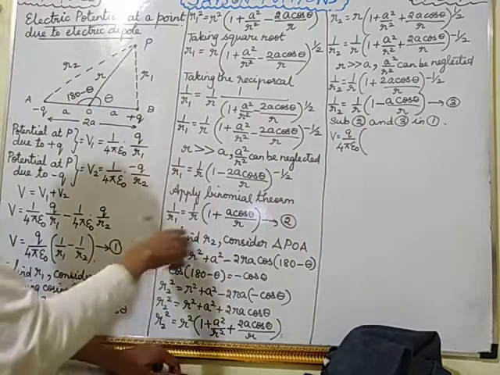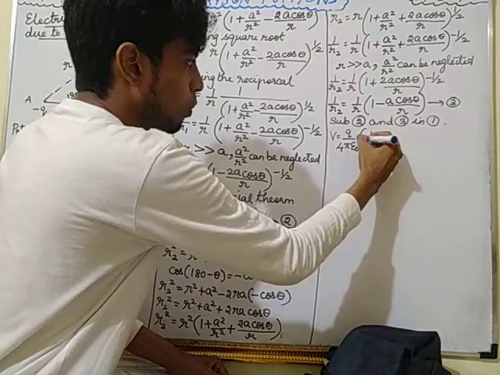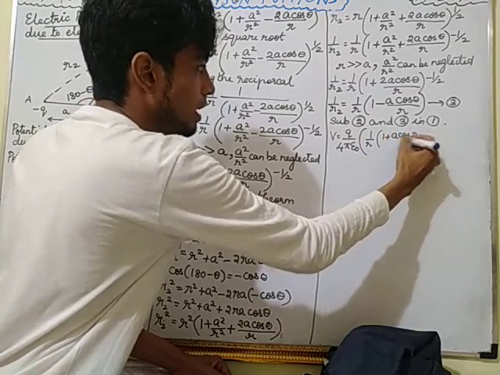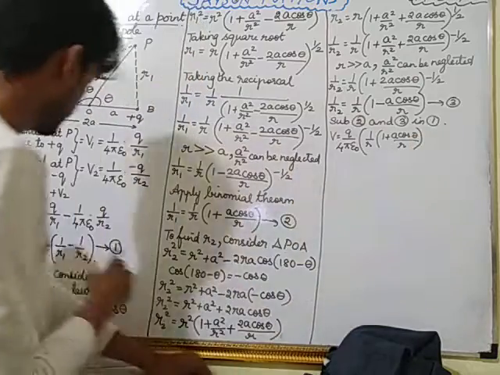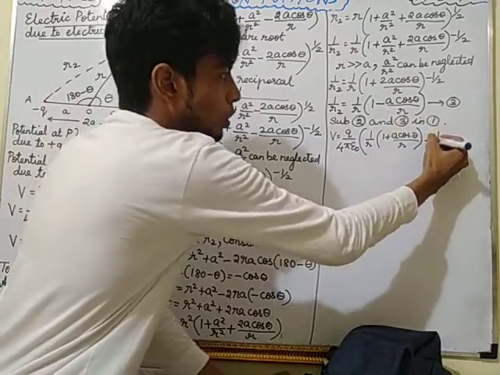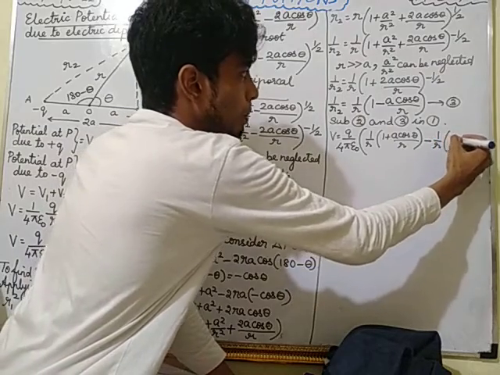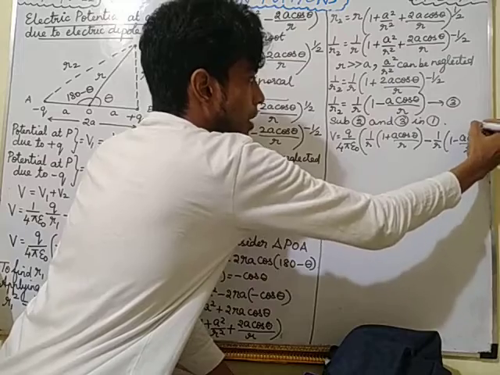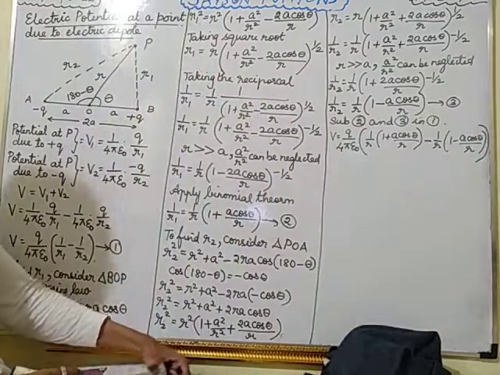Instead of 1 by r1 I have to substitute 1 by r into 1 plus a cos theta divided by r, minus, what is the 1 by r2 value? 1 by r into 1 minus a cos theta by r. Like this I will get.